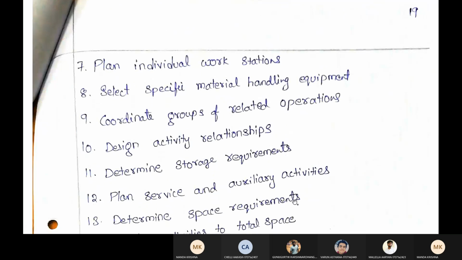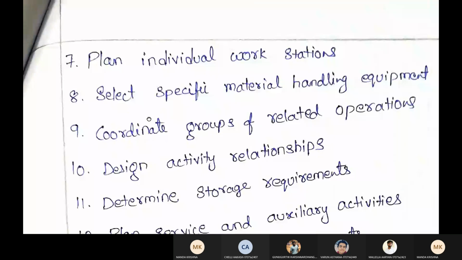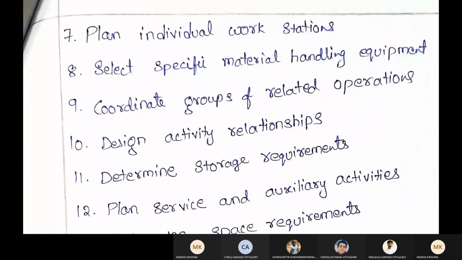Next, second step is plan individual workstations and select a specific material handling equipment.